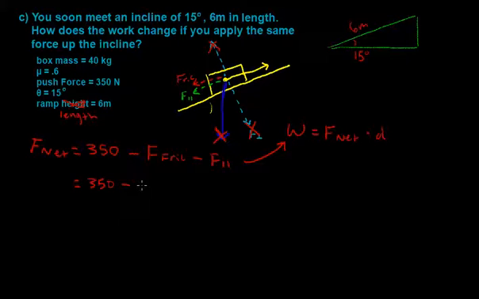So the very first thing we should remind ourselves of, and we talked about this in I think week 2 where we had that other ramp problem: when we have the gravitational force downward on a ramp, we have it split up into its parallel and its perpendicular components.